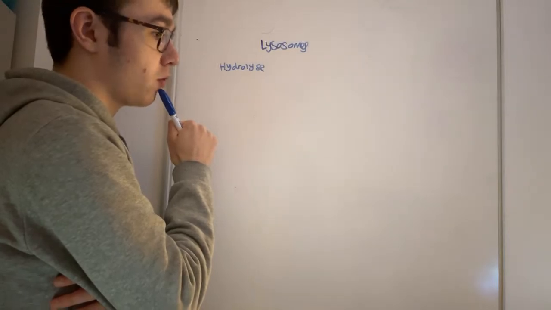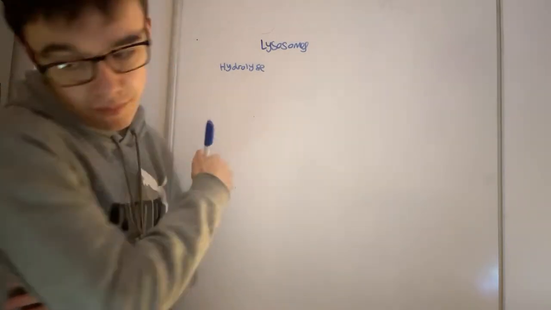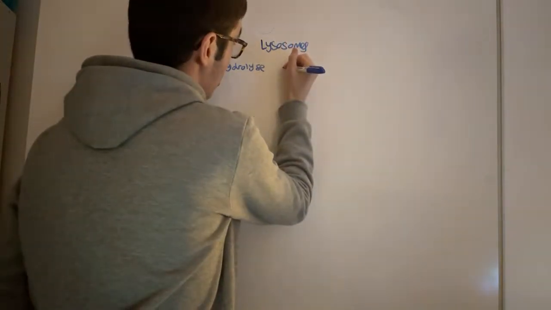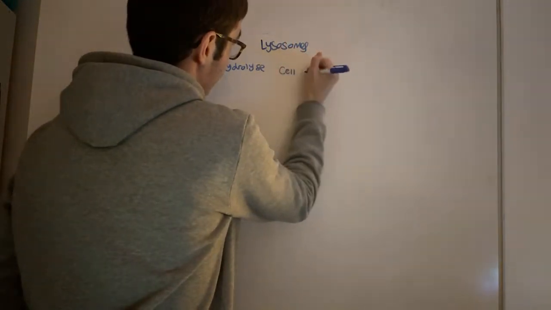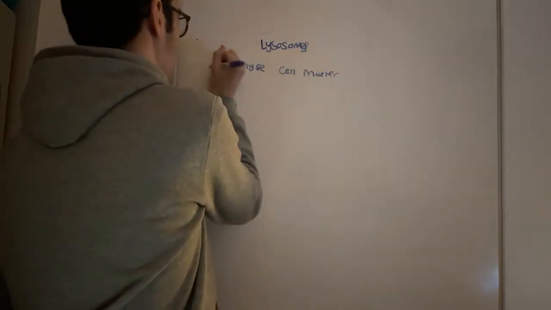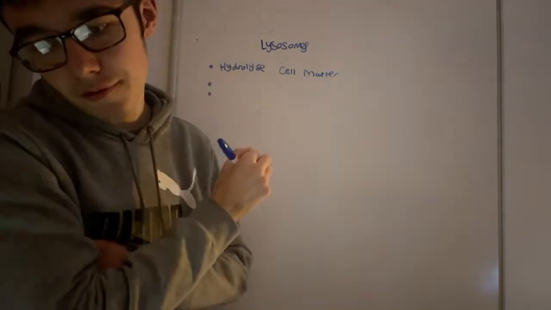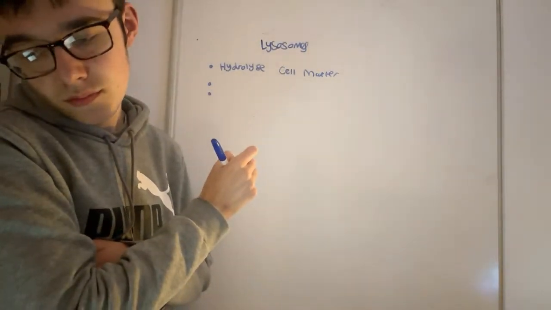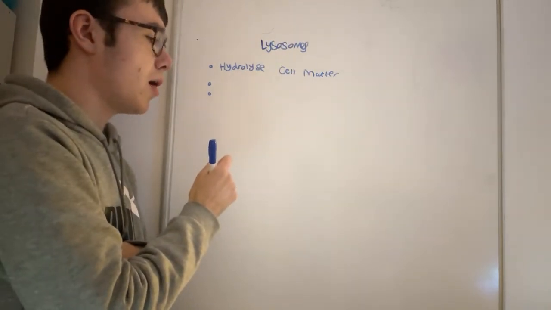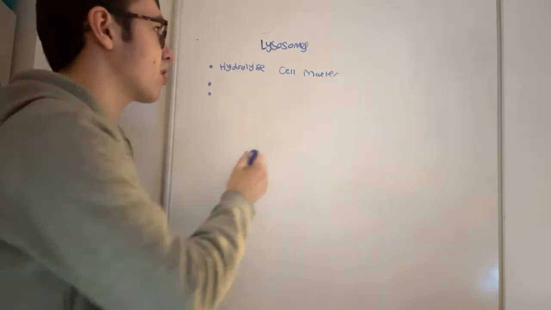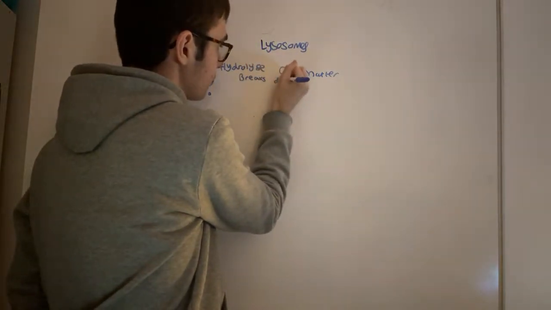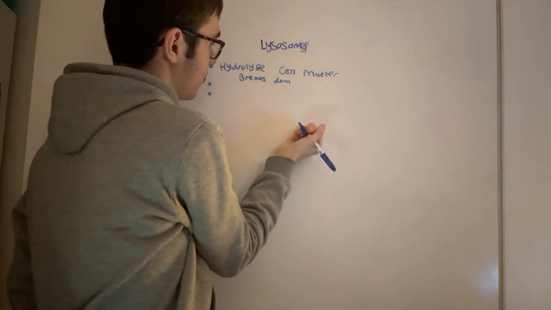They break down worn out cells, but it says in digesting bacteria, so I guess it's going to hydrolyze, I guess I'll just put cell matter. I'm sure there's a better word for that. How am I going to get 3 points out of this? I guess we could specify that it breaks it down.